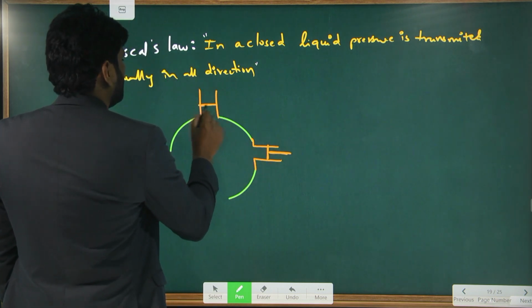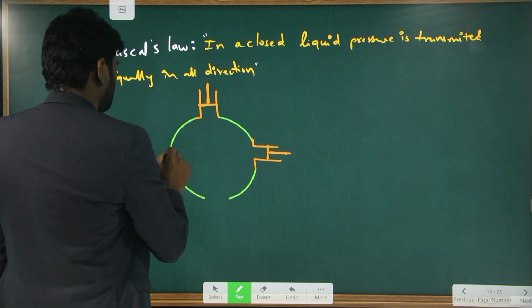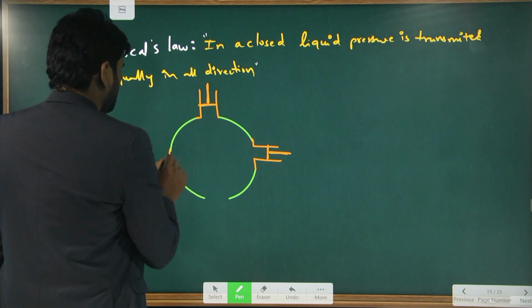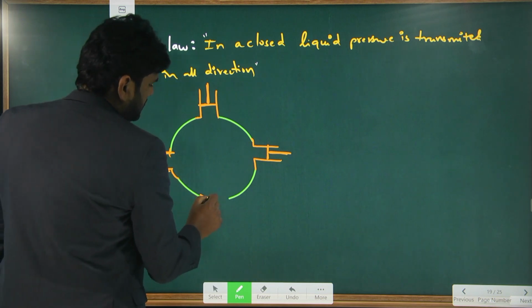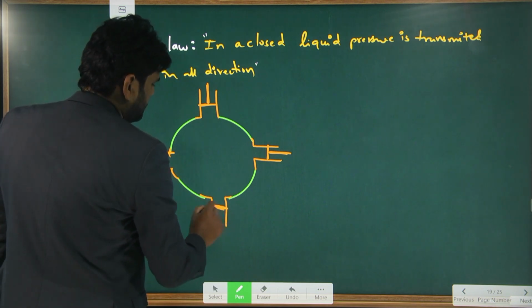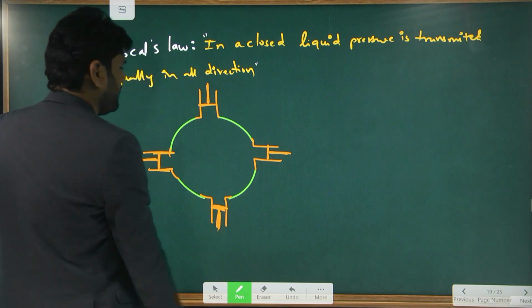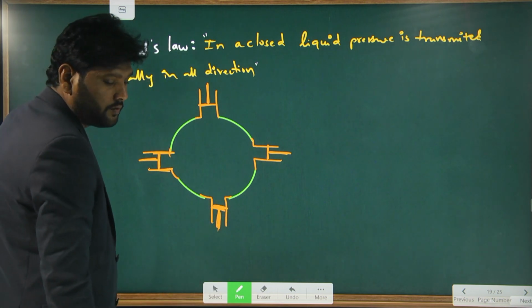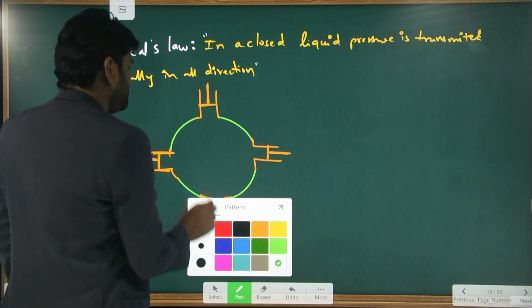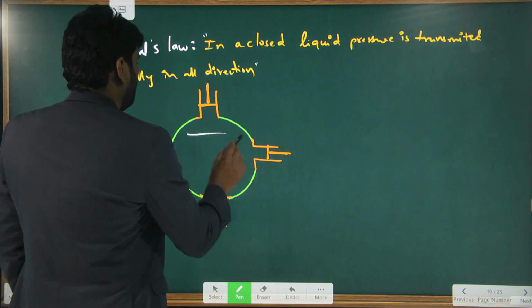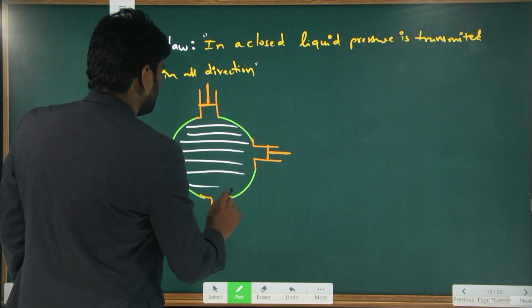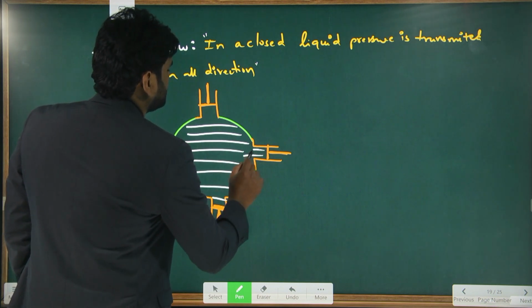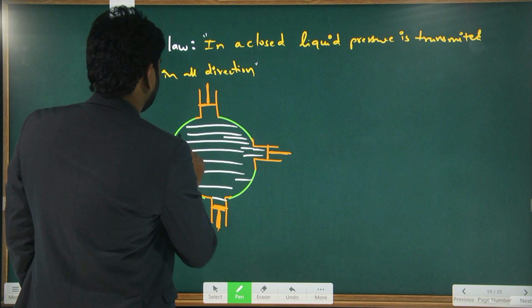This is another piston. This is another piston, and this is one more piston. How many pistons are there? 4 pistons are there, and this is completely filled with incompressible liquid. An example for incompressible liquid is hydraulic oil.